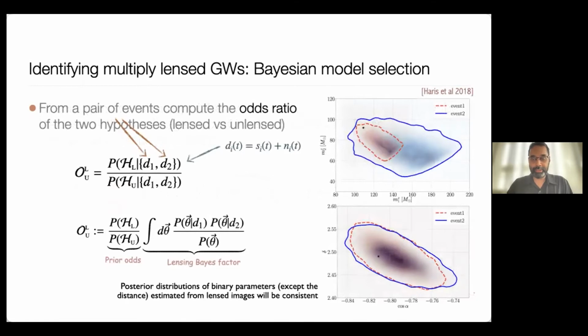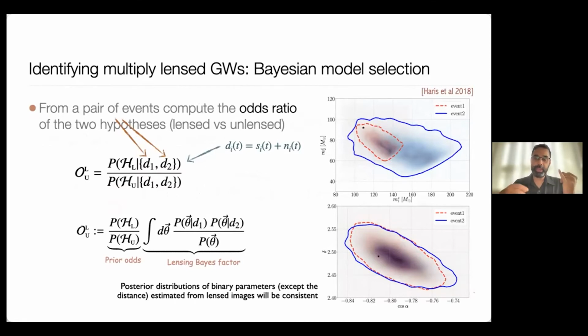We developed a Bayesian model selection method to identify strongly lensed events in LIGO-Virgo data. Given two observations, with two data sets D1 and D2 of gravitational signals, we can compute the ratio of posterior probabilities of two different hypotheses.